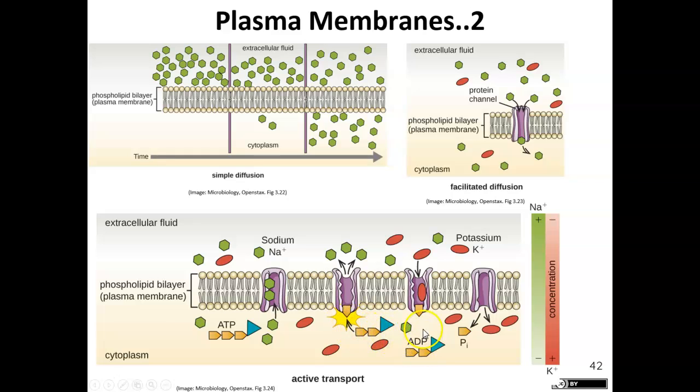The ADP leaves, the phosphate stays bound. When the phosphate releases, the pump goes back to its resting configuration, open to the inside, and the potassium is pushed inside the cell against its concentration gradient. So this is an active transport mechanism, and it's known as a pump. And this just happens to be the sodium-potassium pump, probably the most common pump that most people know of.